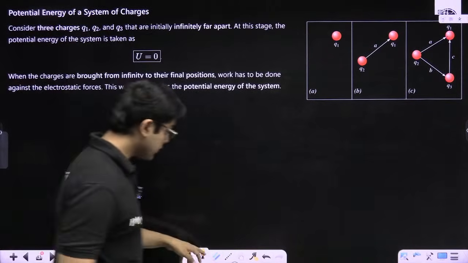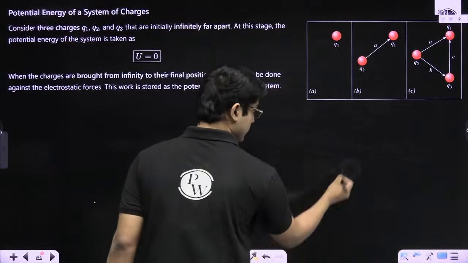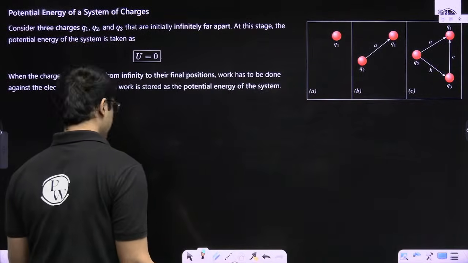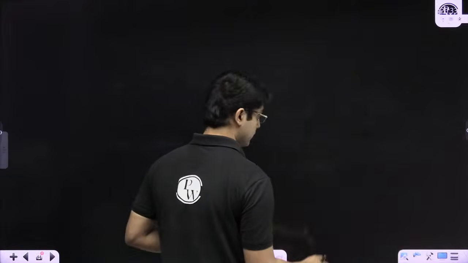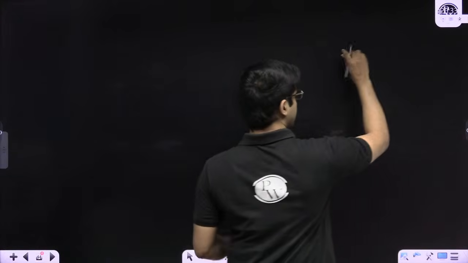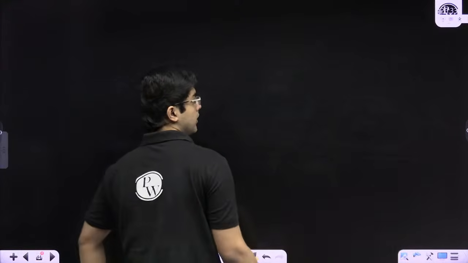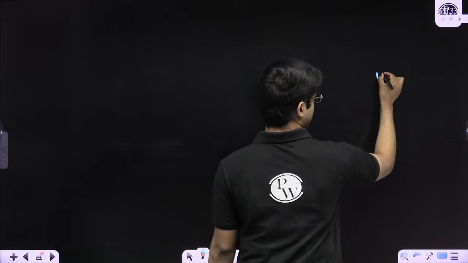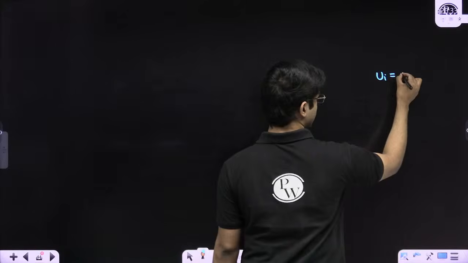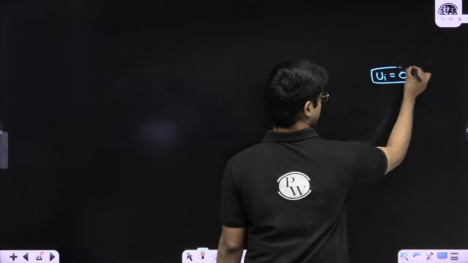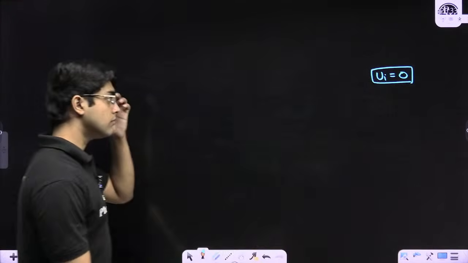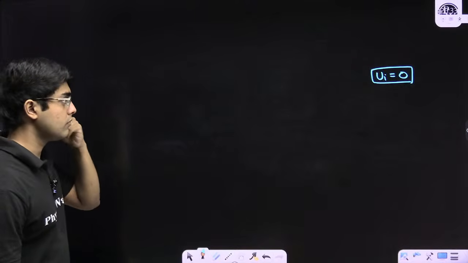Here we are also using a slightly different logic to get to the answer. Initially these 3 charges were at infinity. They were very, very far away. So the initial potential energy of the system was 0.